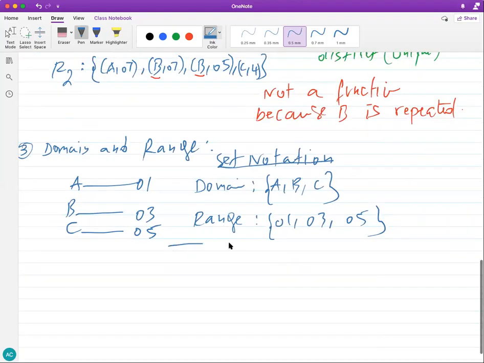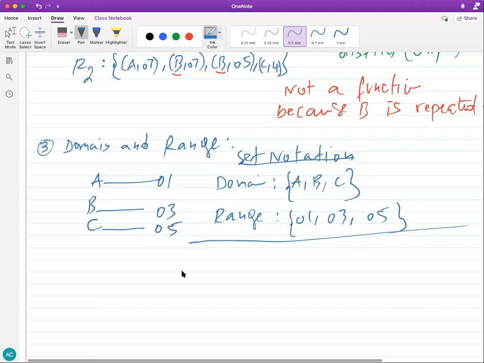So let's put these two together. Let's call this whatever relation it is: R for relation, or any name, colon, and curly braces. So domain, range separately. Let's put them together in ordered pairs. Okay, what is the first ordered pair?